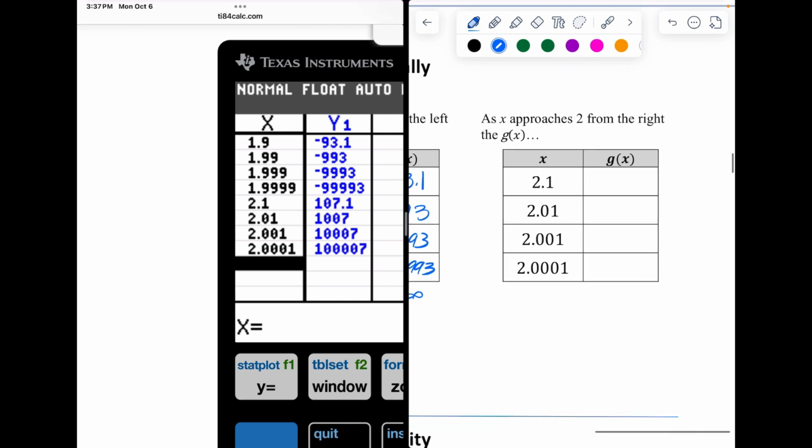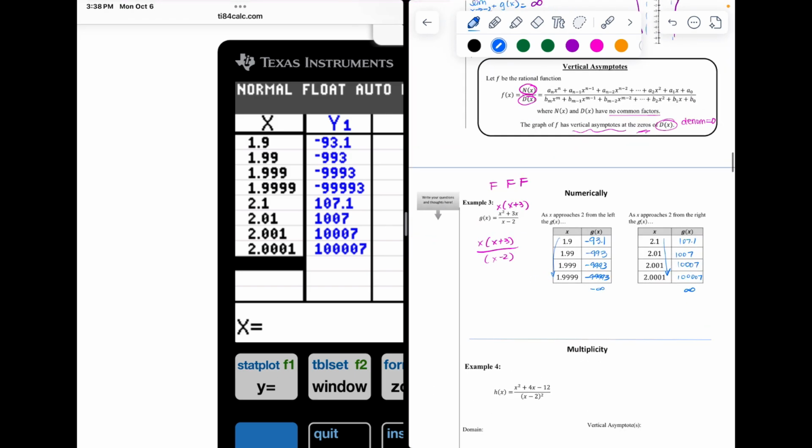And as x goes to 2.1, we see it's at 107.1, and then 1,007, and then 10,007, and then 100,007. So as x gets closer and closer to 2 from the right side, g of x is going closer and closer to positive infinity.